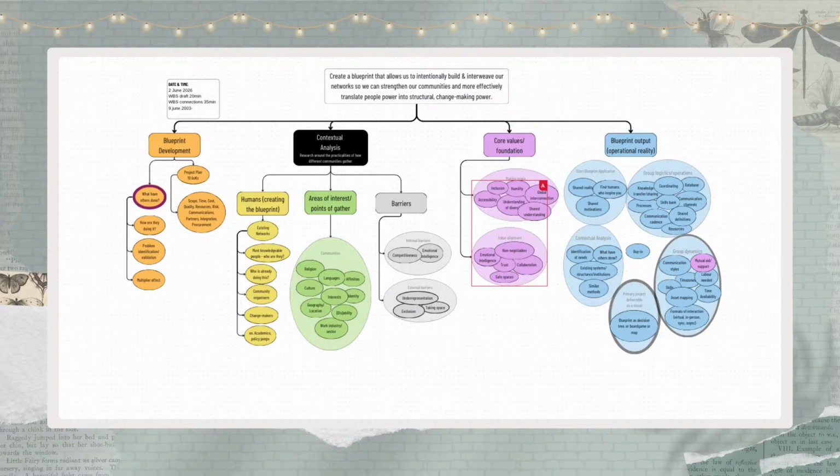No, because we had it under the blue in the other map that we did, and I don't necessarily think that it's going to be part of our project planning. So I do see it more as part of the blueprint output.